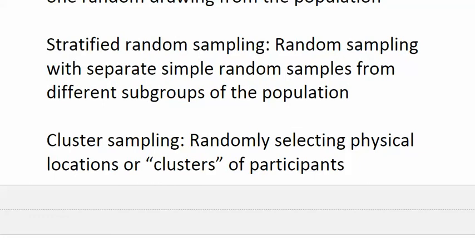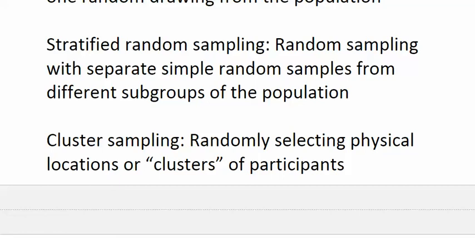Now, cluster sampling is randomly selecting clusters of participants. So when you do cluster sampling, you're actually not taking a random sample of individuals, you're taking a random sample of clusters. And all clusters have an equal chance of being selected. So what's a cluster? Well, at a college campus, the classrooms would be different clusters, right? Because each classroom has a certain number of people in it.